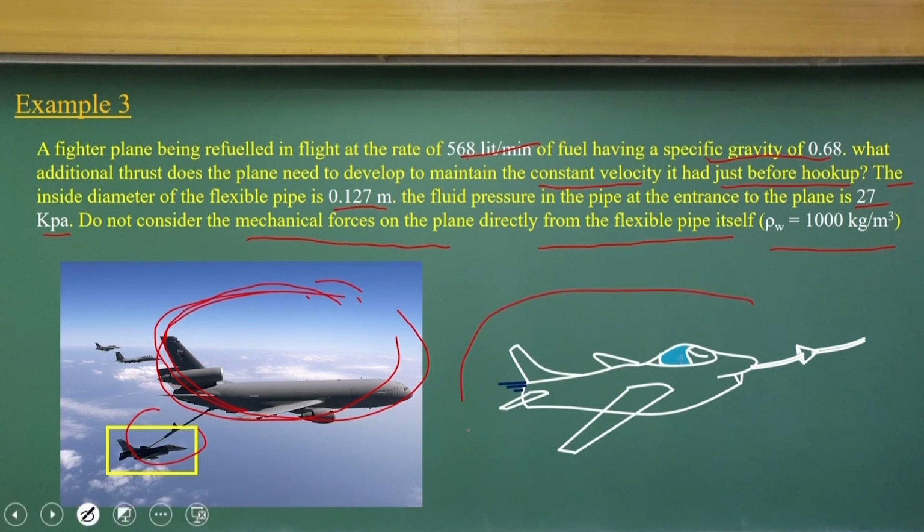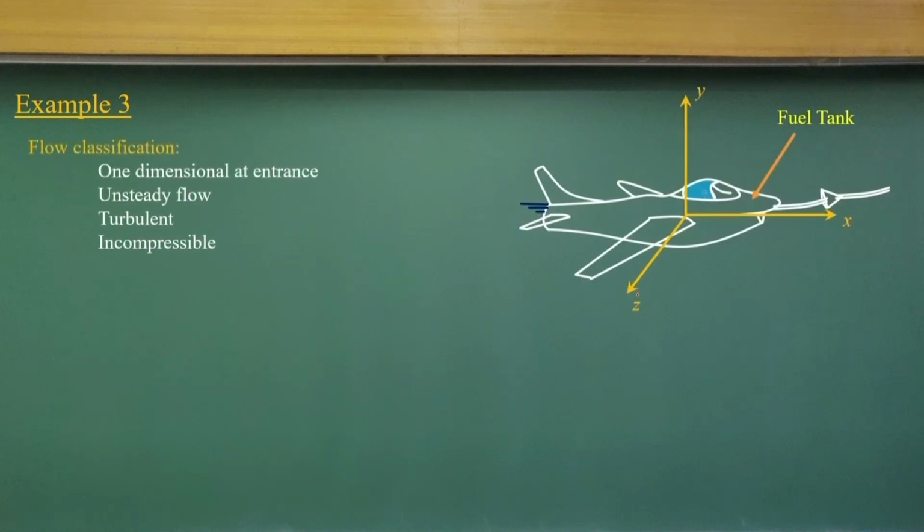The problem is now simplified: there is an aircraft like this and the fuel is hooking to it. If I define the fuel tank and the coordinates x, y, z, the problem can be considered one dimensional. The flow is unsteady, but we can simplify it to a steady flow. Turbulent, incompressible. So, these three conditions will be there.